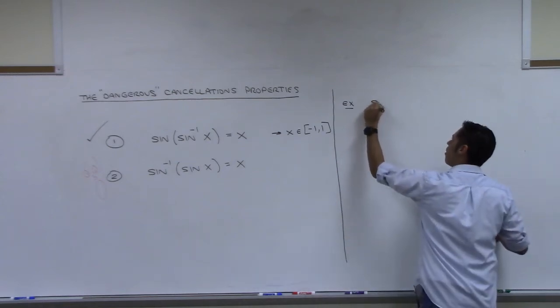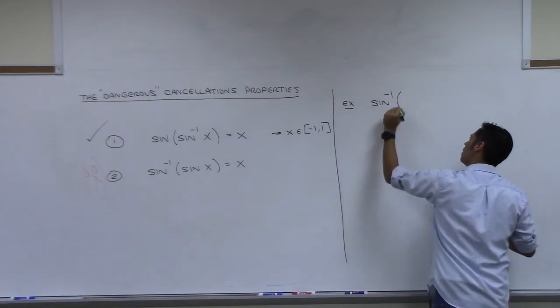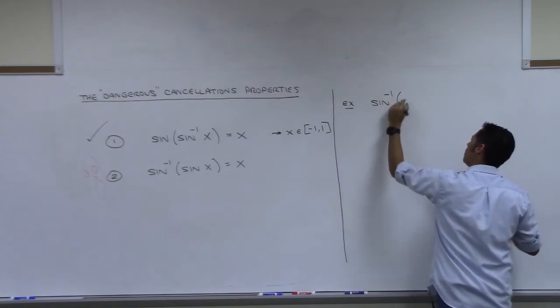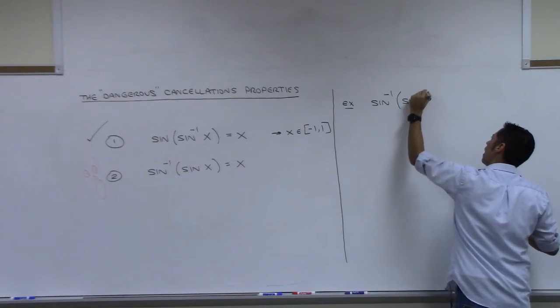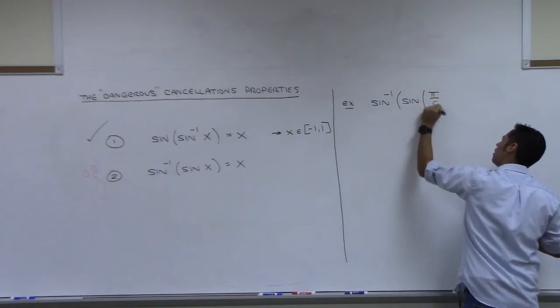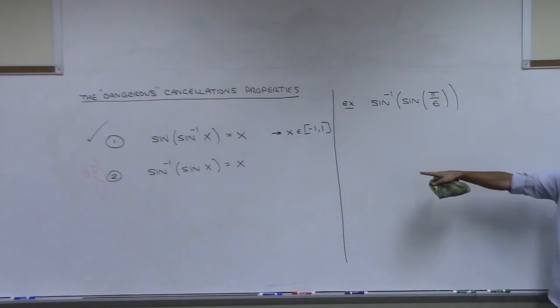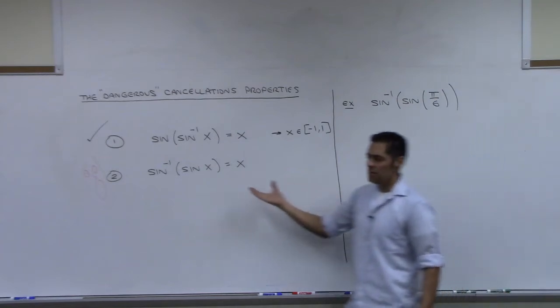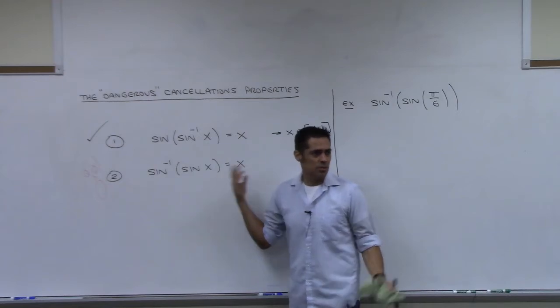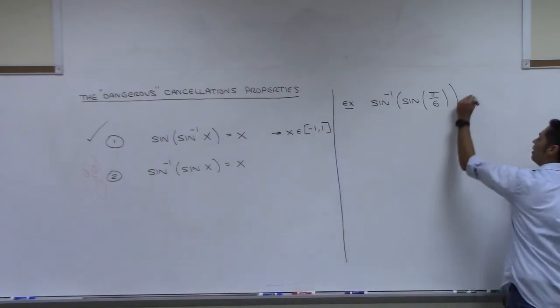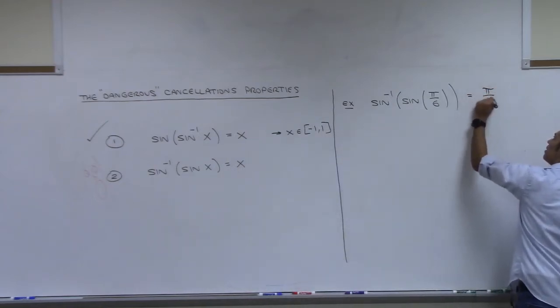So I'm going to start out arcsine, and then I'm going to do sine, and then I'm going to do pi over 6. The answer should be, according to the property, if you just read the property out without doing any real thinking, the answer should just be pi over 6. Agreed? Now let's see if it is.